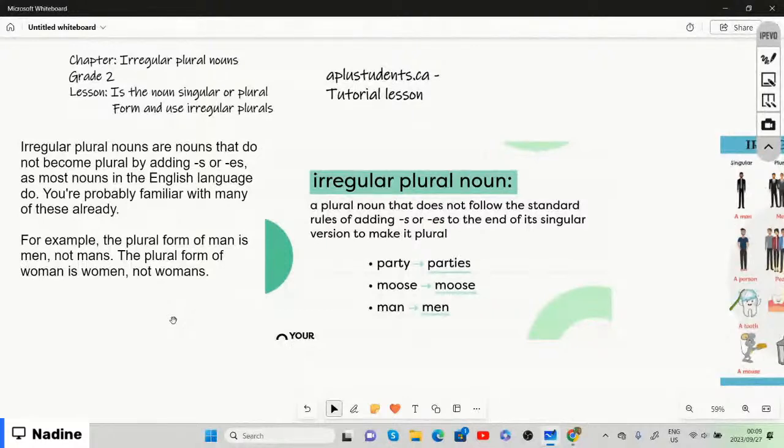So an irregular plural noun is a plural noun that does not follow the standard rules of just adding s or es to the end of a singular version to make it plural. Like I said, it's as if the word changes or part of the word changes.